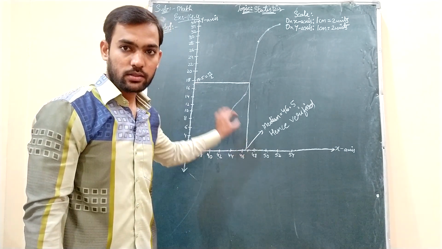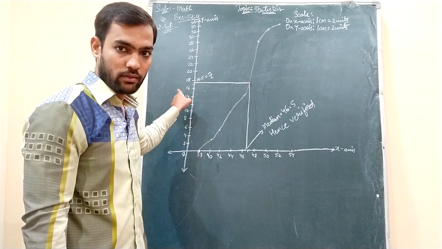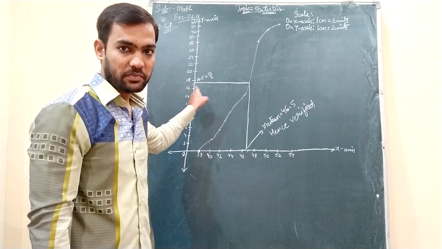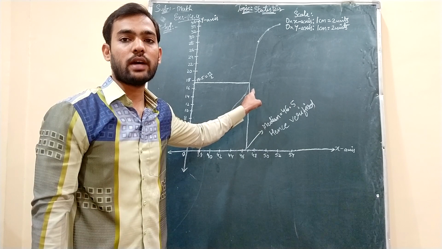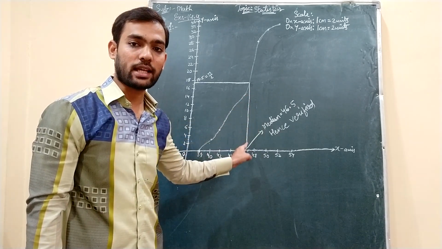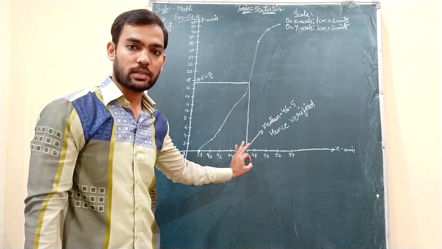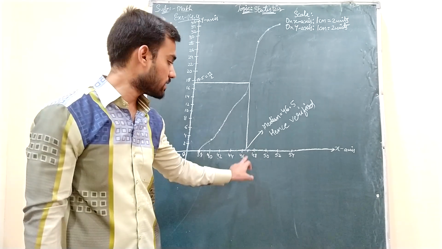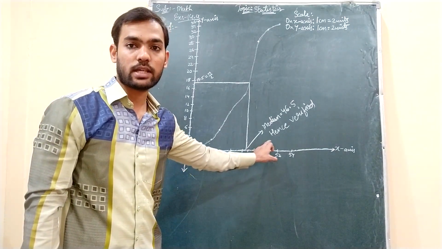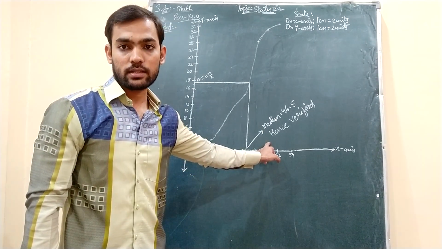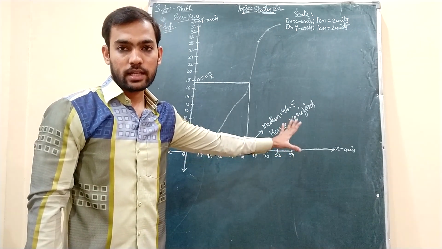Okay, students. So that n by 2 we will take on the y-axis, and then from there we come towards the ogive, and from that ogive we go towards the x-axis, and wherever that straight line touches the x-axis, that represents your median. As here we have taken median is equal to 46.5, and then we wrote hence verified.